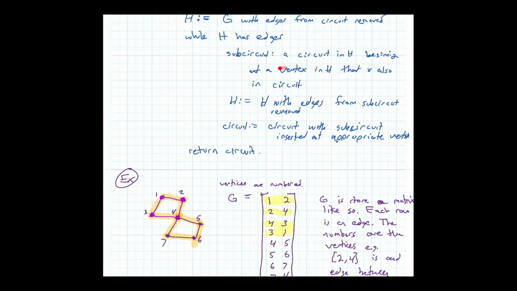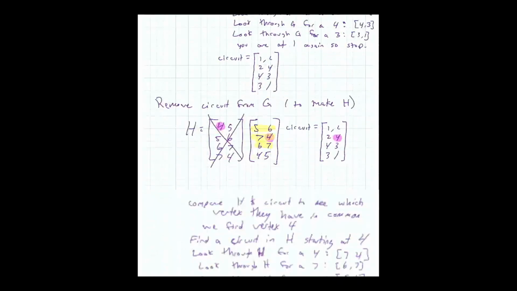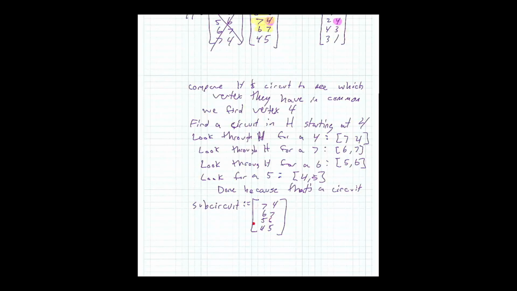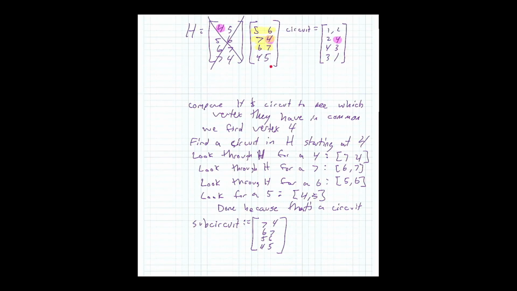So we did this. Now H is H with the edges from subcircuit removed. If you compare this, if this is subcircuit and this is H, and you remove these edges from H, well, there's 4 edges here in subcircuit, there's 4 edges here in H. If you remove all of these from these, you're going to be crossing them all off the list, right? We use them all.